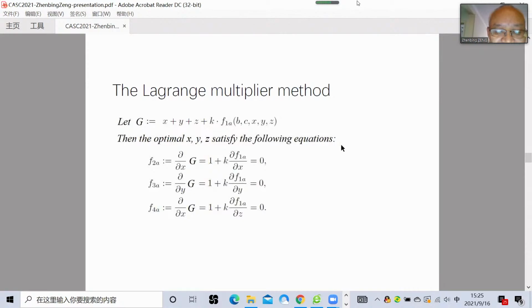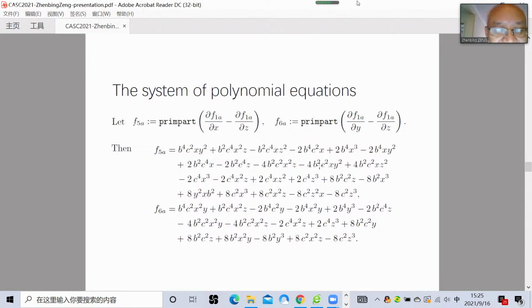Then we use the Lagrange multiplier method. This is something everyone knows, so we just go to the next page. Then we get the system of polynomial equations here, F5a, which was obtained by this computation, and F6a is from this.